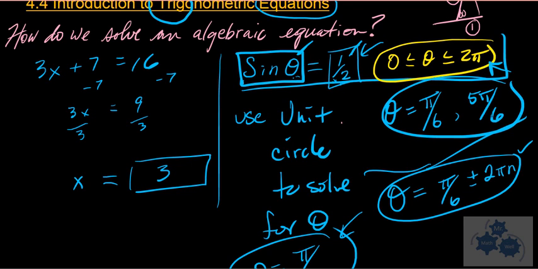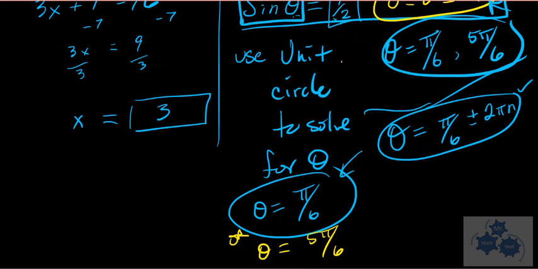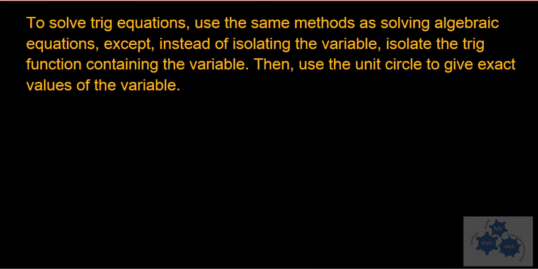That's an introduction. We're going to do some more examples, and why don't we just write down some notes to formalize this. This is what I would suggest as an outline of what we've talked about so far, and moving forward what we're going to be doing. To solve trig equations, we use the exact same methods as solving regular algebraic equations, with the exception that instead of isolating for the variable, like we did in the above example for x, we isolate the trig function only that contains the variable.